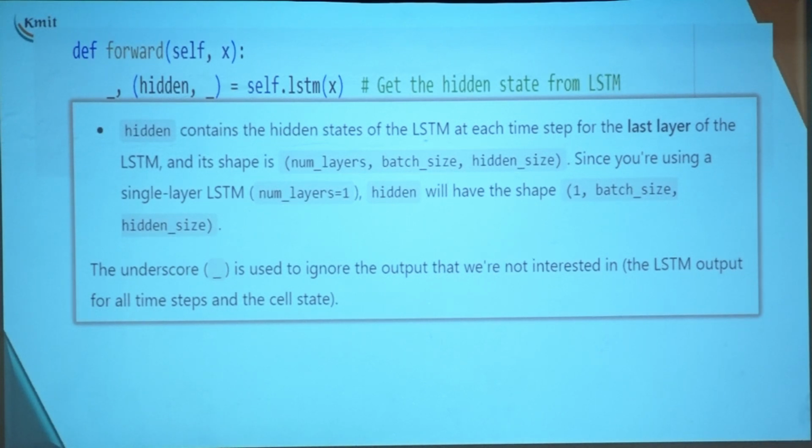One LSTM layer, right? So, what should be the size of my output that is coming as hidden? It should have one because that's a single layer that I have chosen, then batch size and also the hidden size. So, again a 3-dimensional size that I am going to get here as an output.